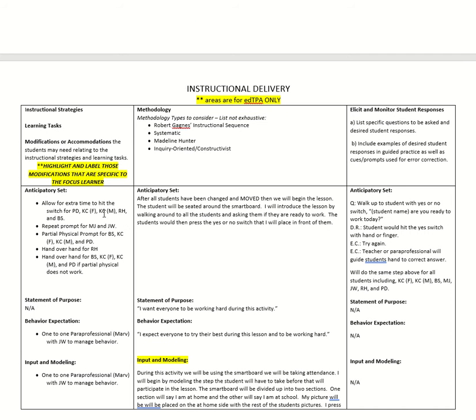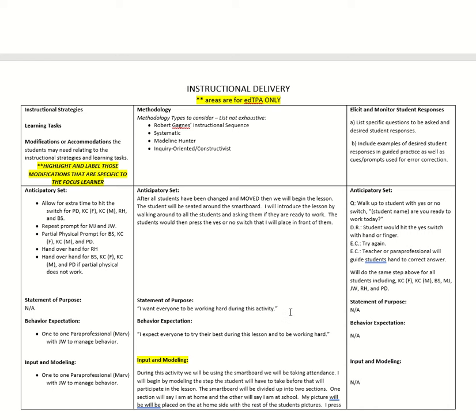I'm not sure why she has this listed under the anticipatory set, but this is where I was looking in terms of providing options for comprehension. She has allow extra time. She's allowing for their mind to process, repeated prompts, and partial physical prompts for some of the students that have more physical disabilities.